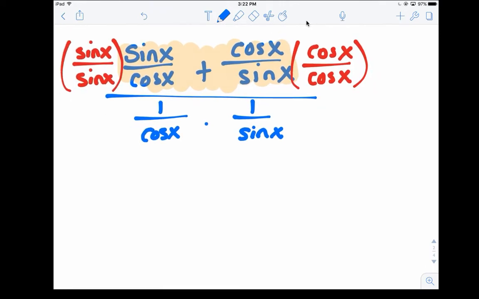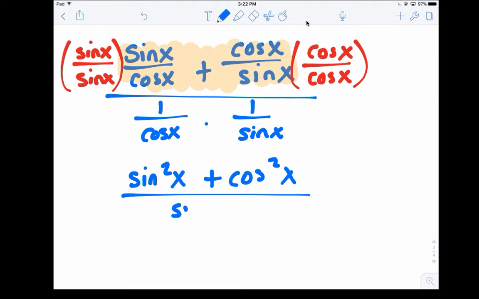So sine times sine is sine squared, and then cosine times cosine is cosine squared, over sine times cosine.